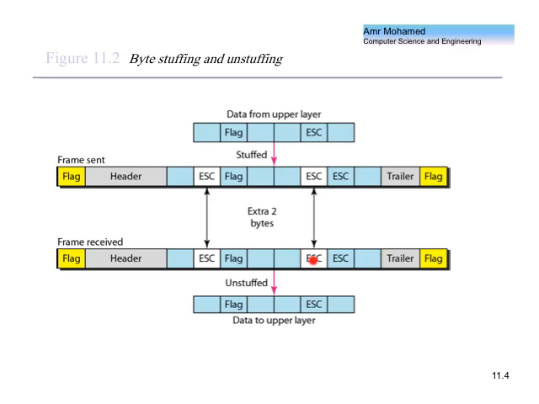Here, it will find another escape character, it will remove it, and consider the one after that as part of the data, until it finds a flag with no escape character before it. That's when it actually finds out that this is the end of that frame. As simple as that. So that's very easy.